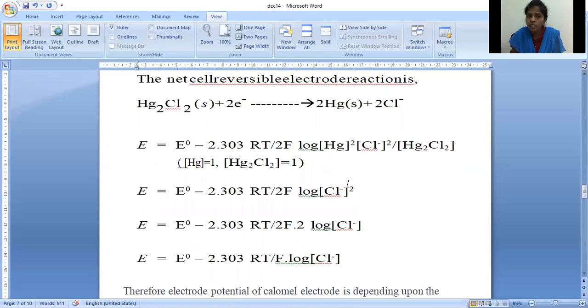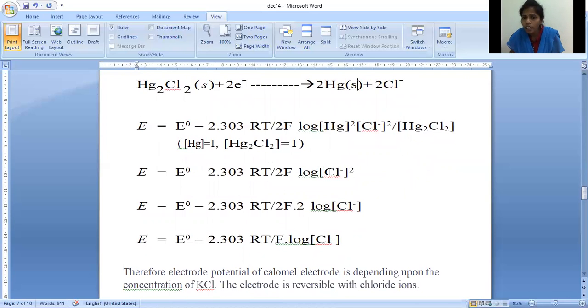So by substituting these values, we can write E naught minus 2.303 RT by 2F log Cl minus squared. So it is log A square. Log A square means 2 log A. So E naught minus 2.303 RT by 2F into 2 log Cl minus.